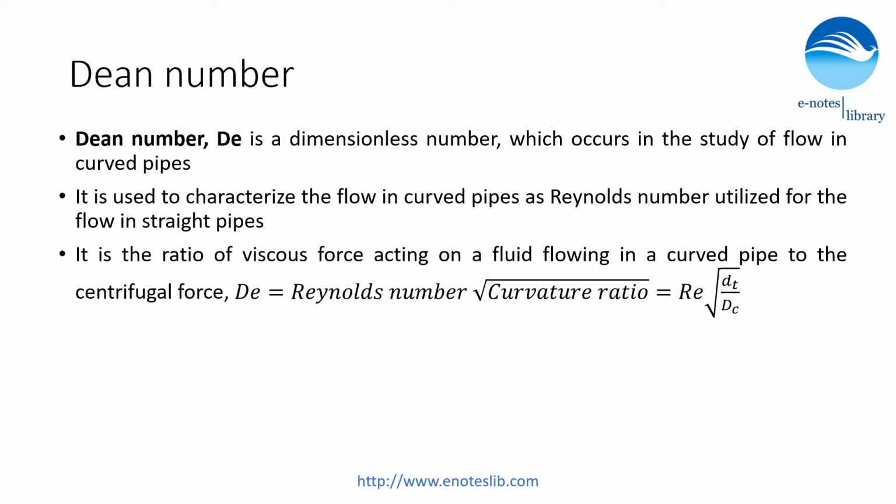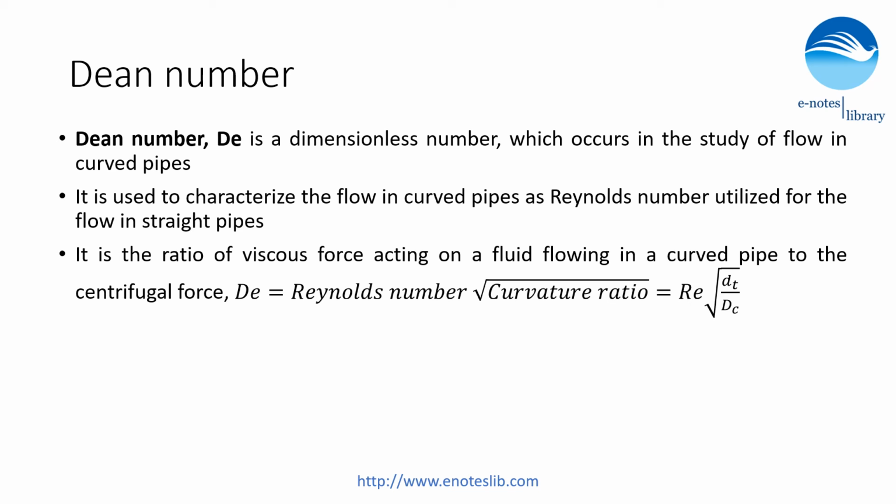Now come to the formula. We know that Dean number is basically used to characterize the flow in curved pipes, so the role of centrifugal force is very important over here. The Dean number is the ratio of the viscous force acting on a fluid which is flowing in a curved pipe or in a helical coil to the centrifugal force.